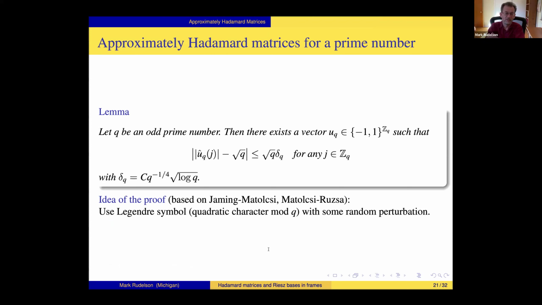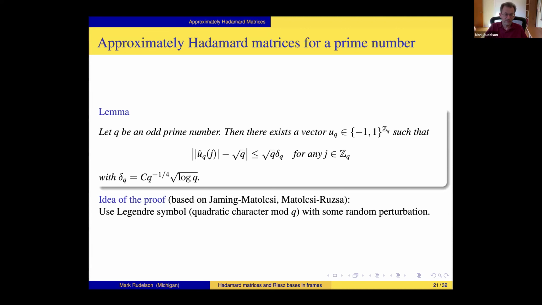So suppose that q is an odd prime. Then there exists a vector whose coordinates are plus minus 1, and the Fourier transform has absolute values close to square root of q with very small error.